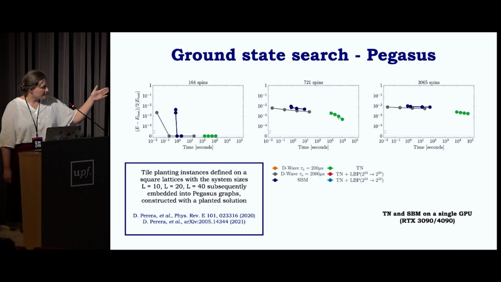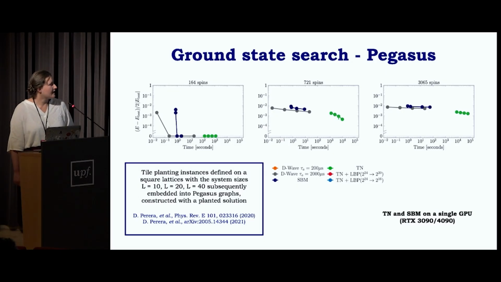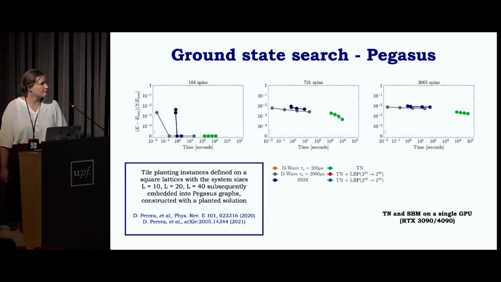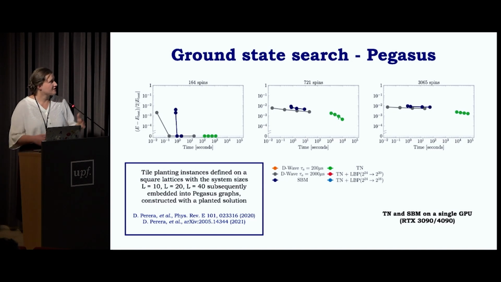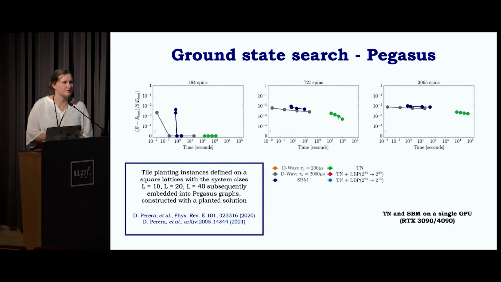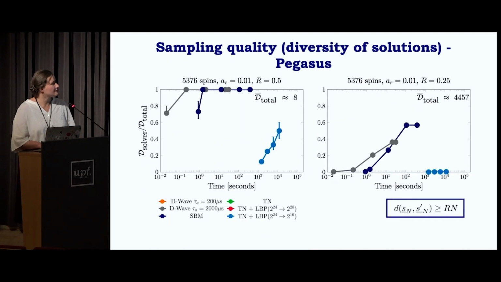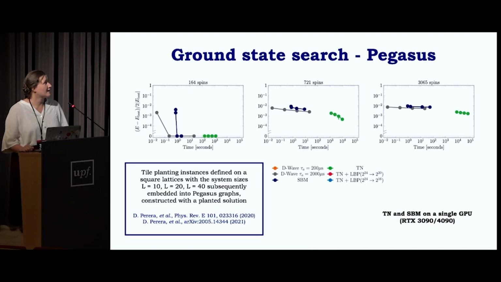So we took the instances from those papers, and they are defined on the square lattices with system sizes. We select those system sizes 10 by 10 spins, 20 by 20, and 40 by 40. And then we embedded them into a Pegasus graph. So after such an embedding, the number of spins has grown from 100 to 164, from 400 to 721, and so on.